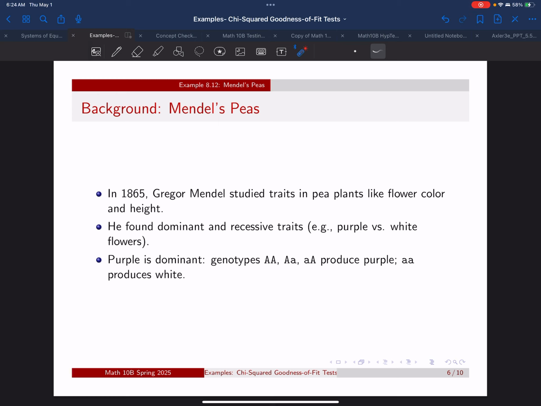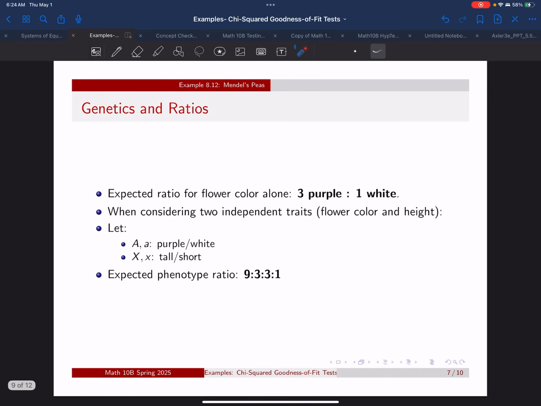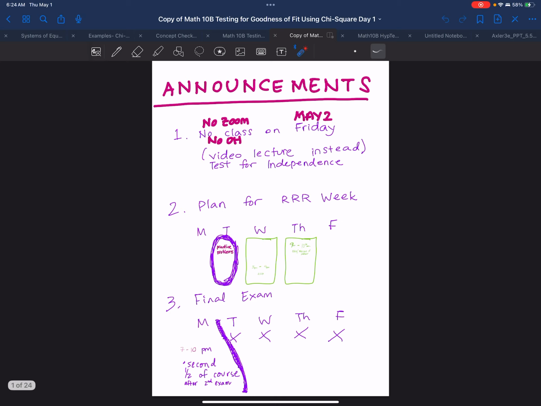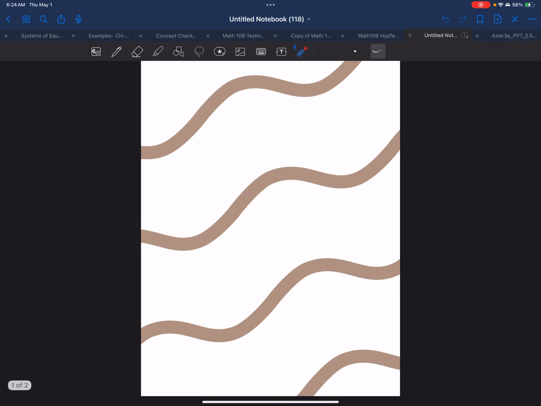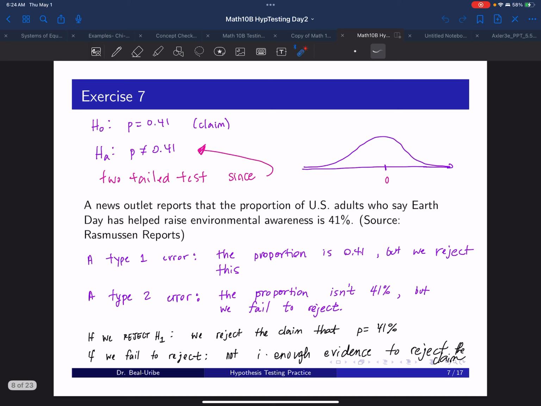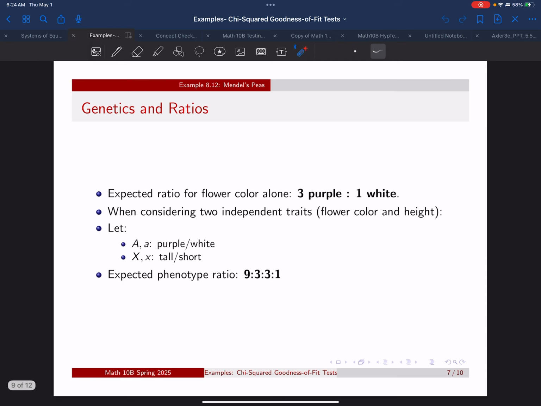So here's the bottom line. We have this distribution and we are expecting this ratio of 9 to 3 to 3 to 1. So notice this is not a uniform distribution.